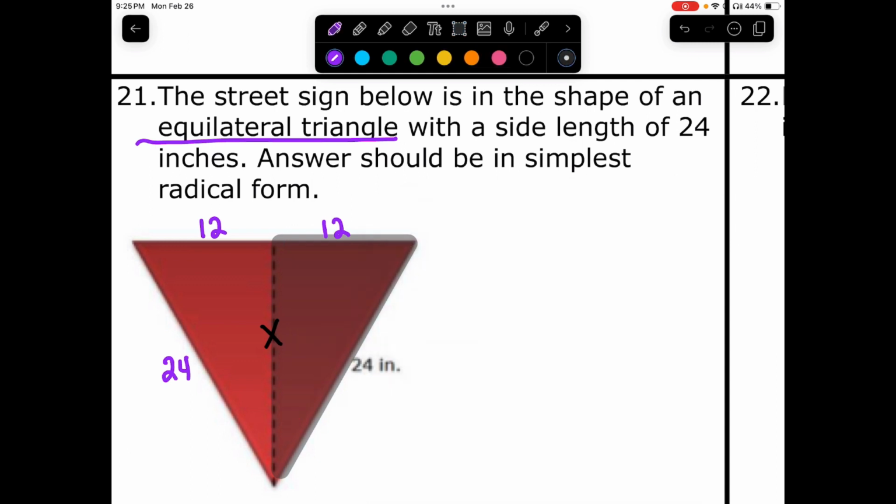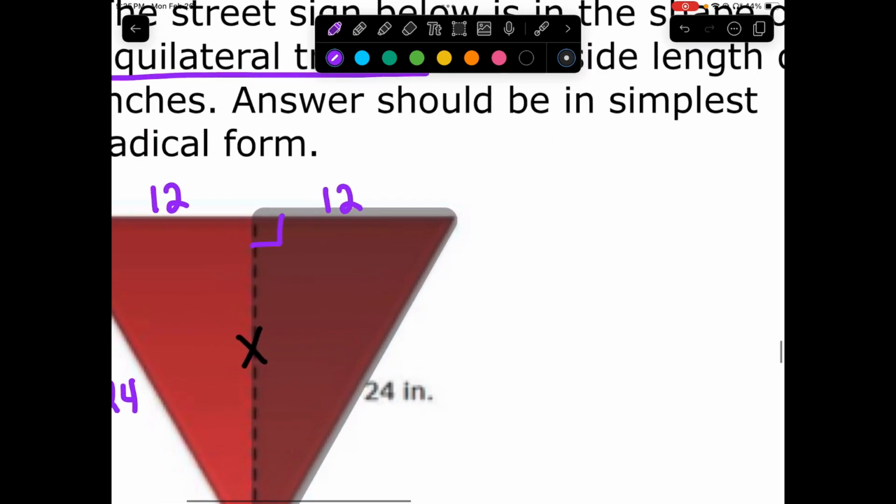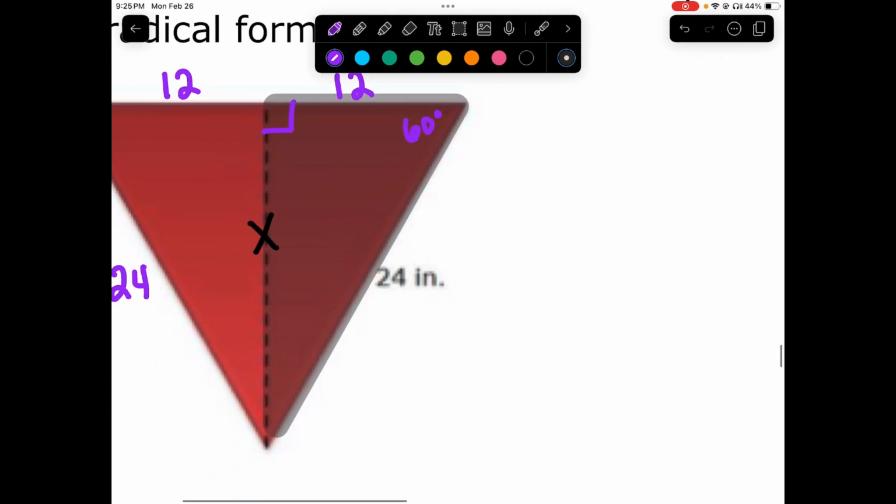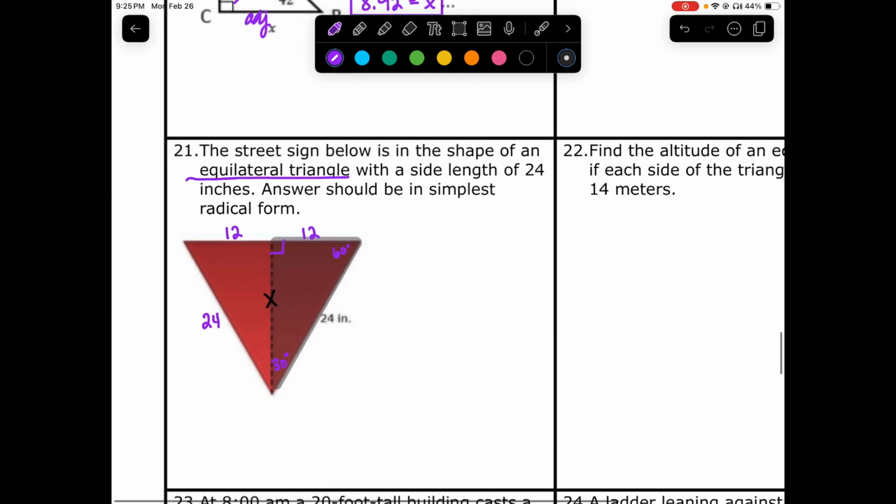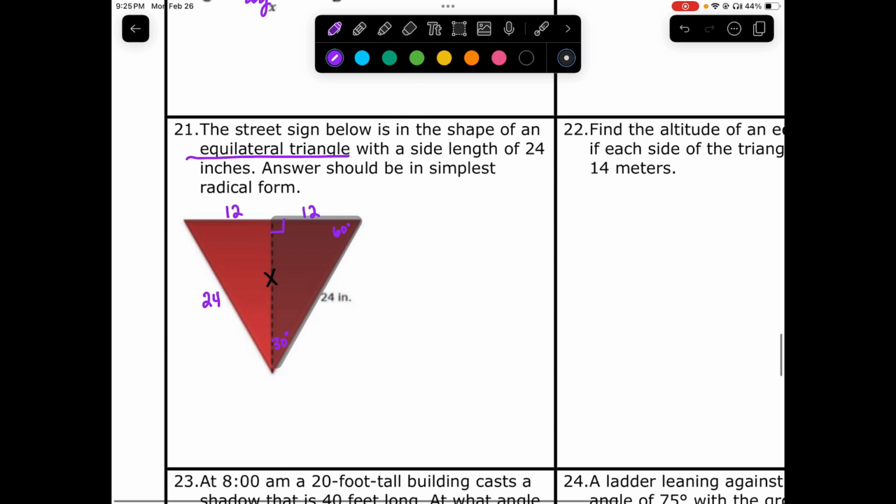All right, so this is obviously our right angle. You can just use Pythagorean theorem. I wouldn't overthink it. You could do different things because if this is equilateral, that means this is 60 degrees. And if that's 60, that means that's 30 because that's half, right? So you could use 30, 60, 90 rules if you wanted to. Oh, wait, we probably should. No, we could do either way.